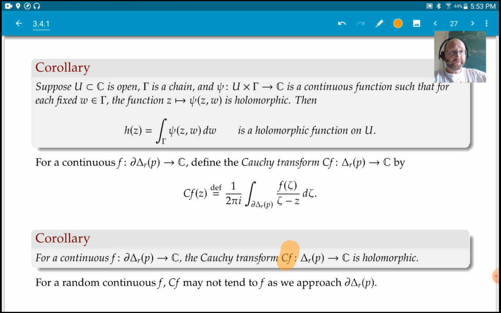If I look at Cf of Z and Z approaches a point on the circle, it's not necessarily going to approach the value of f there. It might almost have nothing to do with it. It might be a very, very different function. Even if it exists, it might not even exist. That limit might not exist.